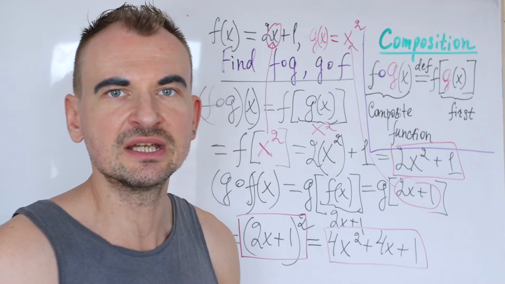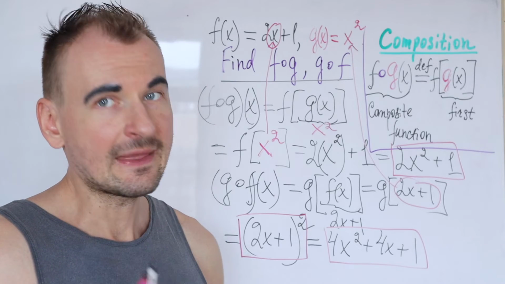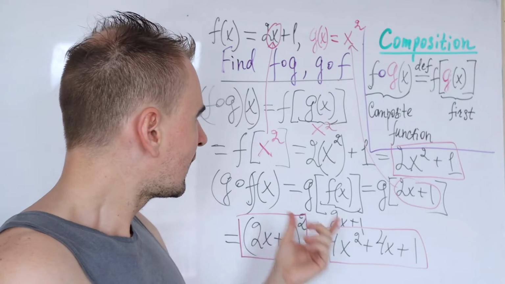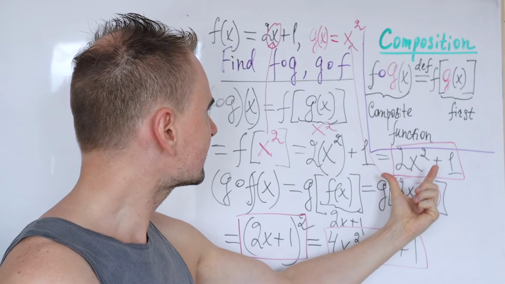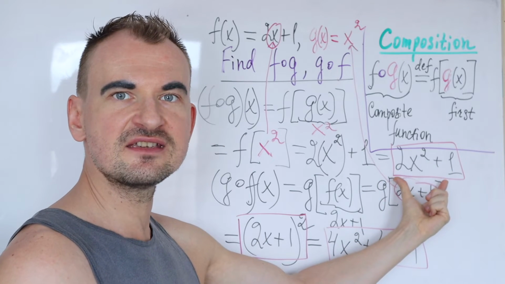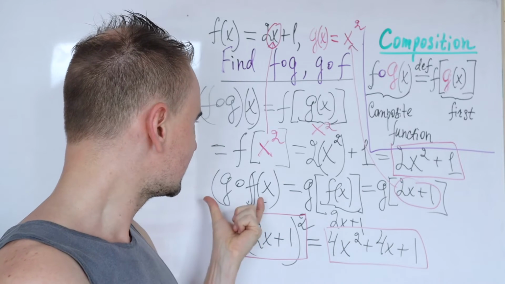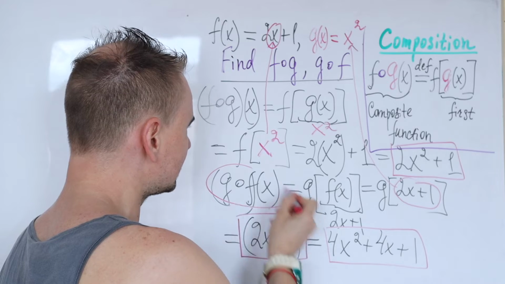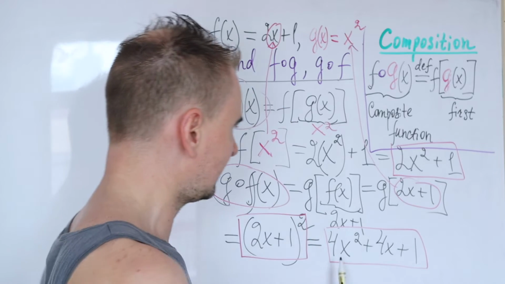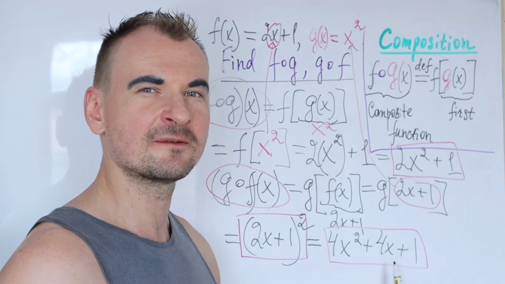That's totally fine. Now, as you could see, your f composition g is 2x squared plus 1. However, if we take g composition f, the composition in the reverse order, you would get a completely different result.